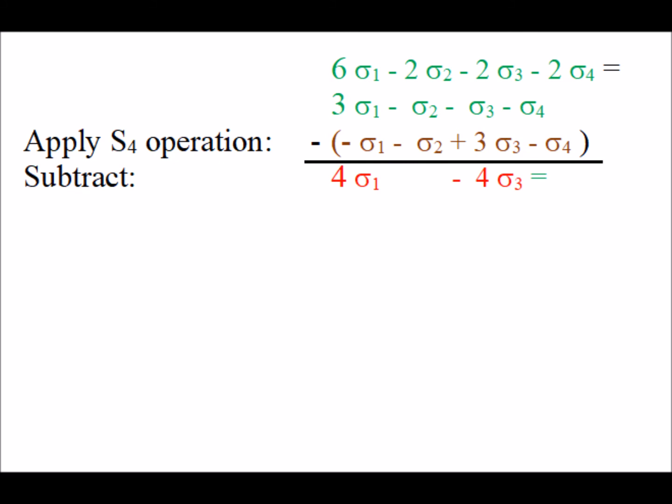The result of the subtraction is 4 sigma 1 minus 4 sigma 3, which is shown in red. We can divide through by 2 to convert this into the equivalent 2 sigma 1 minus 2 sigma 3.